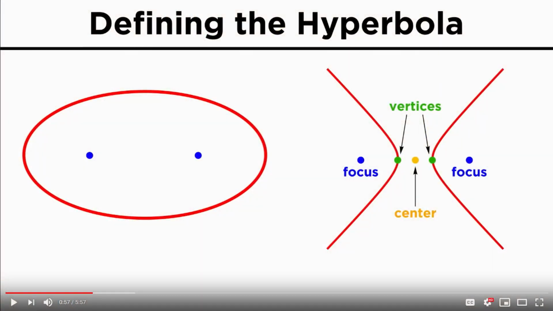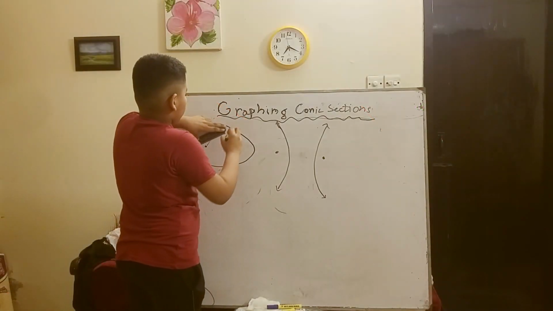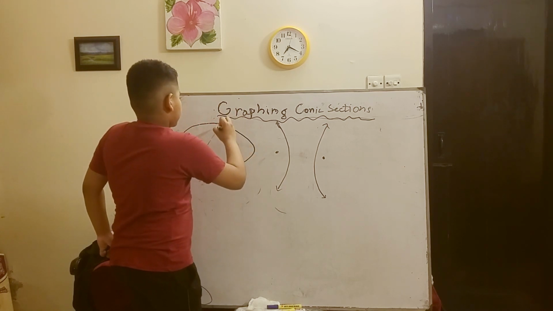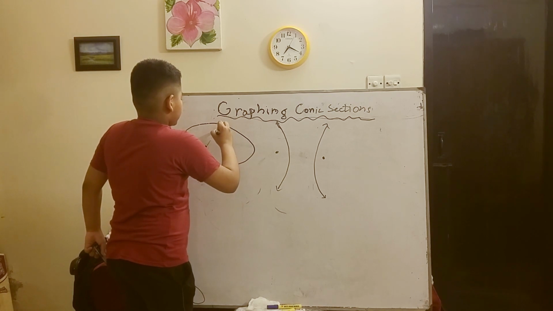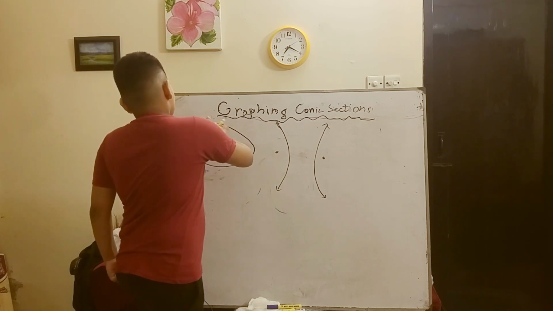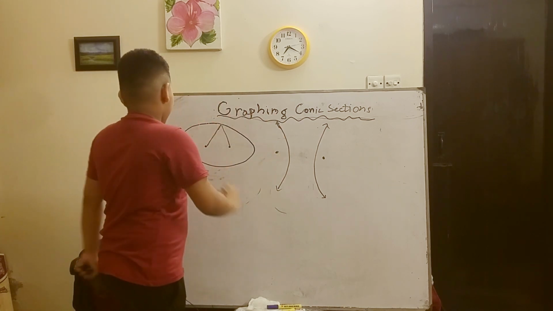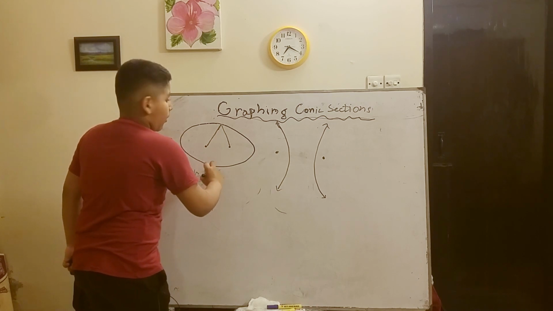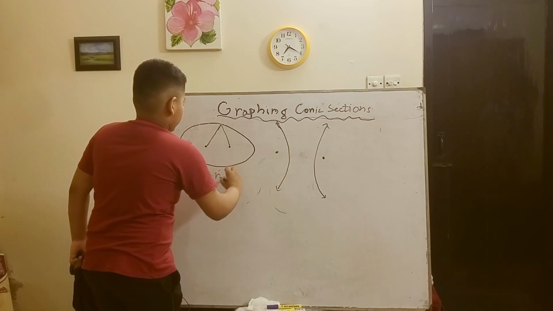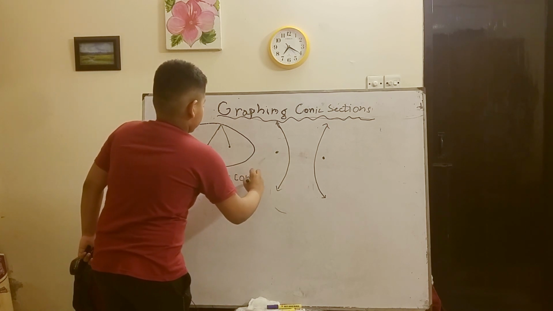But the difference is that in the ellipse video, we learned that the sum of the distance of one point to one of the foci plus the distance from the point to the other focus is constant, or R1 plus R2 is constant.